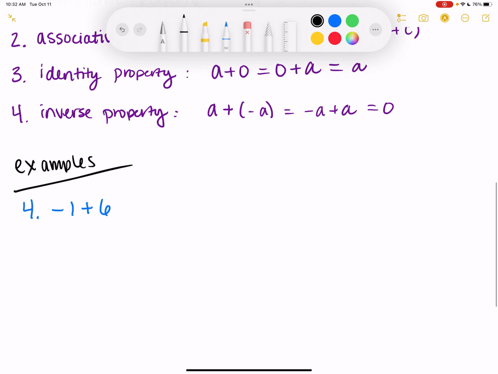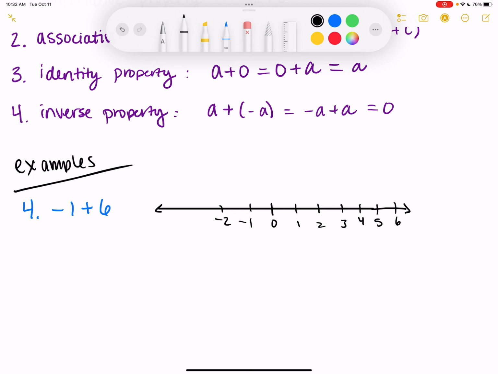So if we were to do this with a number line like this problem says, I would just put a few numbers on there, something like that. So we start at -1.